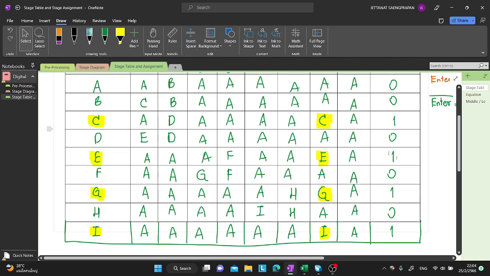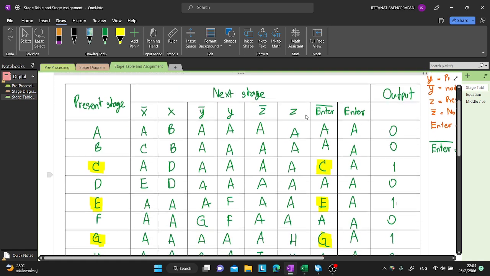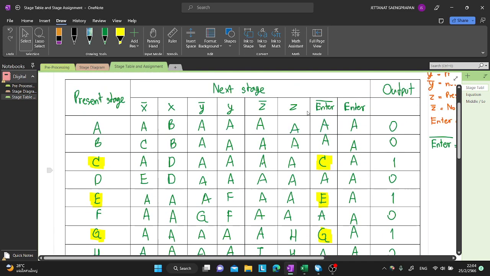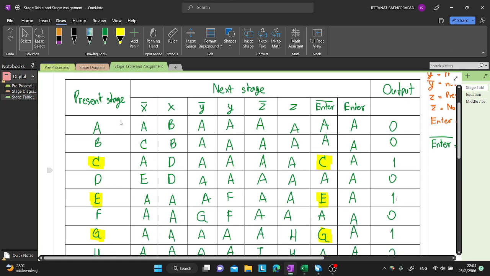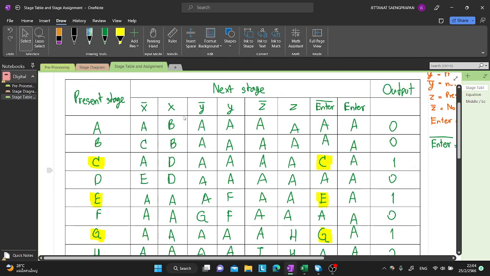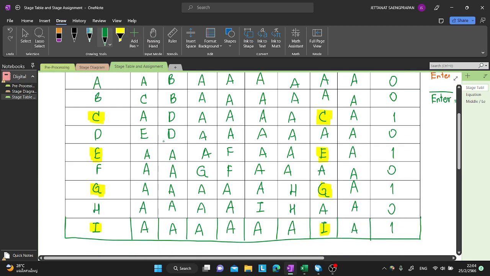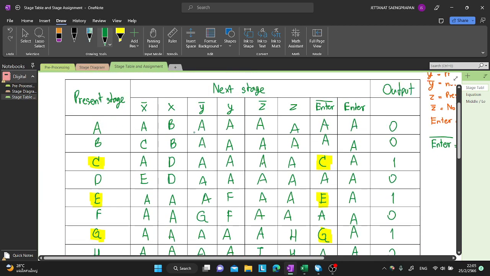And yeah, here we go. It's done. The state table is done. And what is state assignment? State assignment means changing the alphabet in here to numbers.